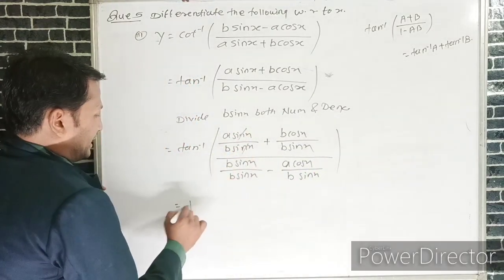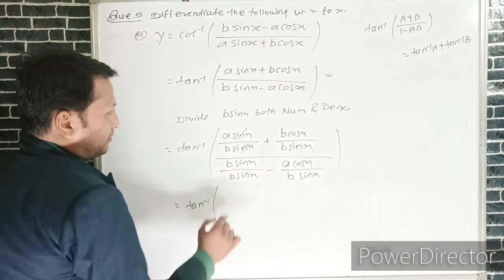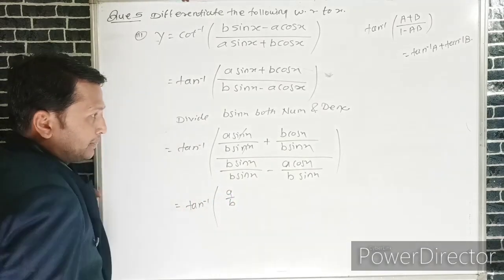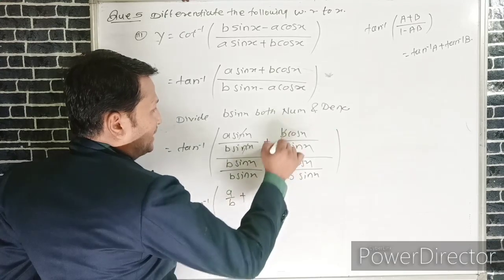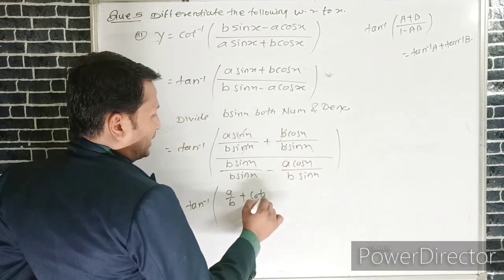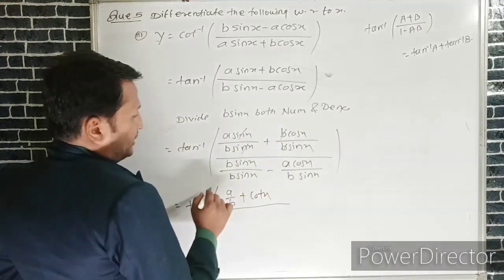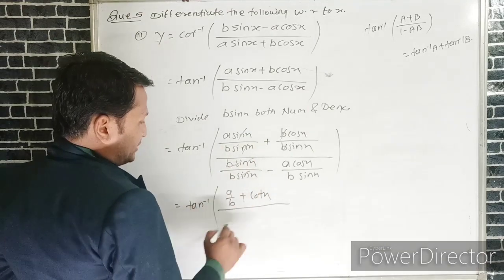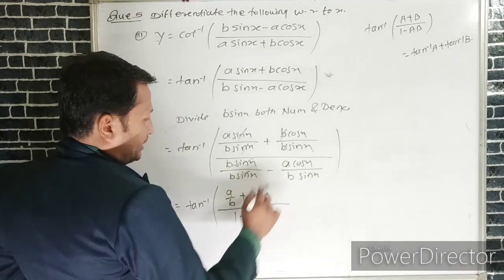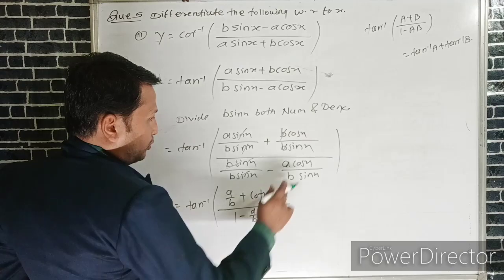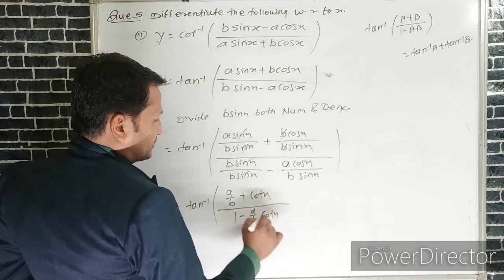We can write tan inverse of (a upon b plus, here b cancels, cos upon sin is cot x) upon (here b sin x cancels, 1 minus a upon b into cos upon sin, which is cot x).